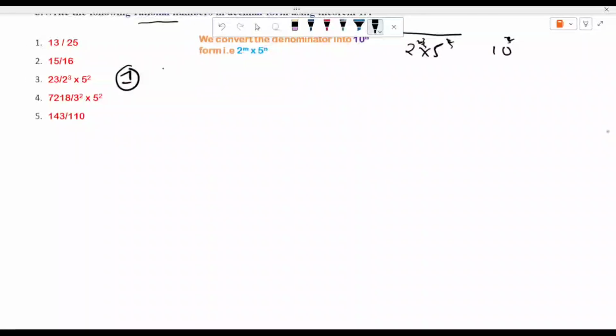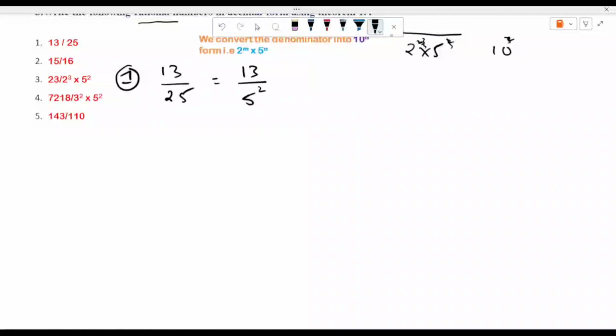The first question given here is 13 divided by 25. 25 can be written as 5 square, 5 into 5, but here there is no 2. So how can we write it? We have to convert the denominator into 10. To convert the denominator into 10, we should have only 2 and 5, but for this question we are getting only 5.